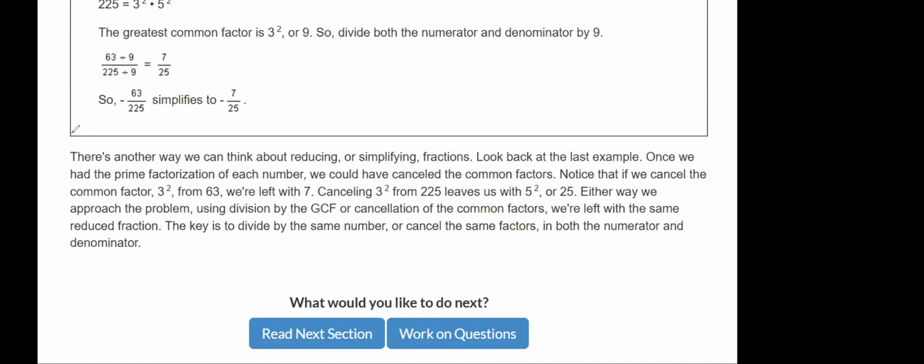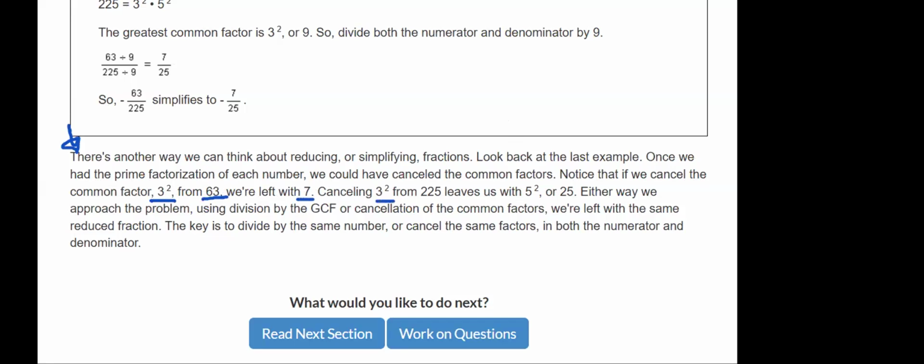Read here. There's another way we can think about reducing or simplifying fractions. Look back to the last example. Once we had a prime factorization of each number, we could have canceled the common factors. Notice that if we cancel the common factor, 3 to the power of 2, from 63 we're left with 7.